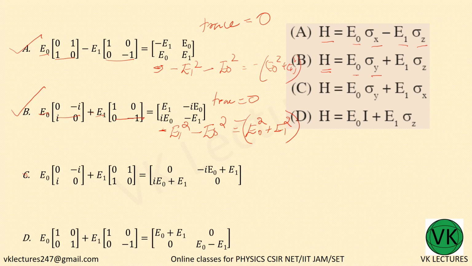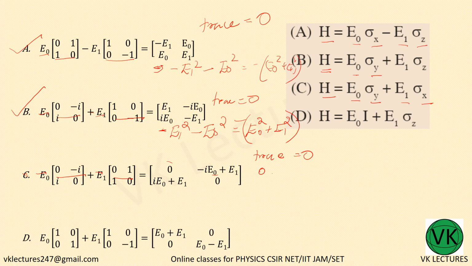Now check option C. H is equal to E naught into sigma y plus E1 into sigma x. So 0, minus I E naught plus E1, I E naught plus E1, 0. Now here the trace is the sum of the diagonal elements, which is equal to 0.